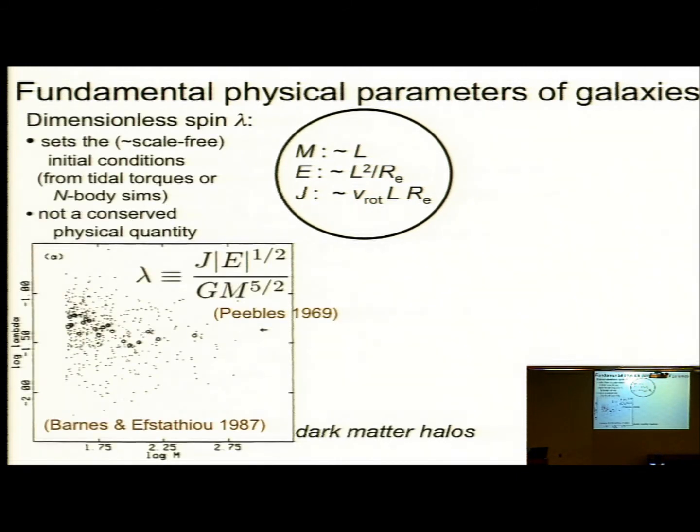Now this talk is primarily about the angular momentum. One related parameter is the spin, which you probably all know and perhaps love. The spin parameter is defined as this combination of those quantities.